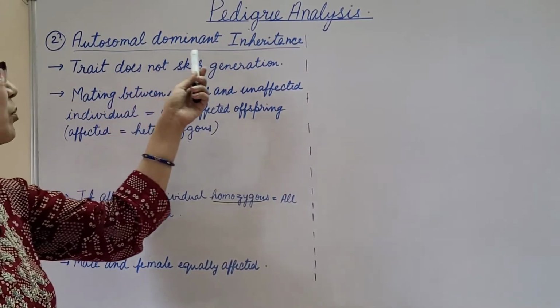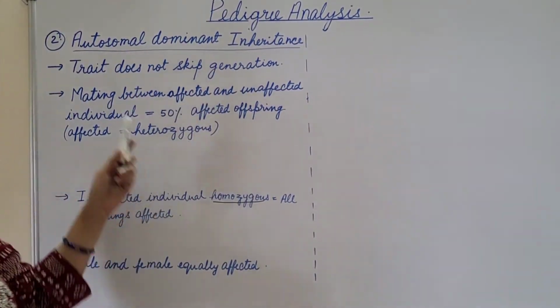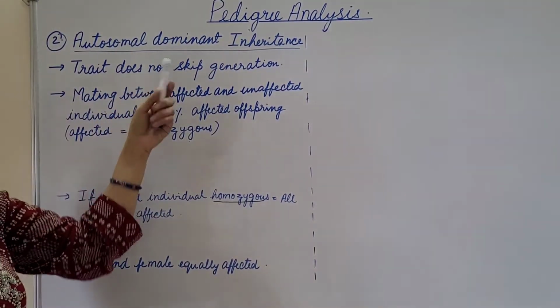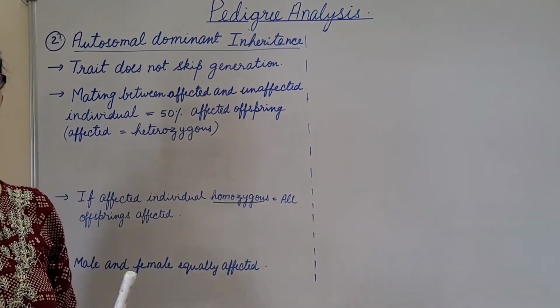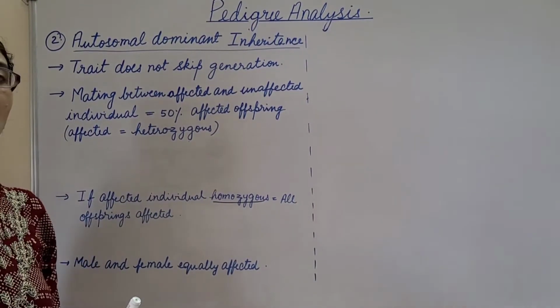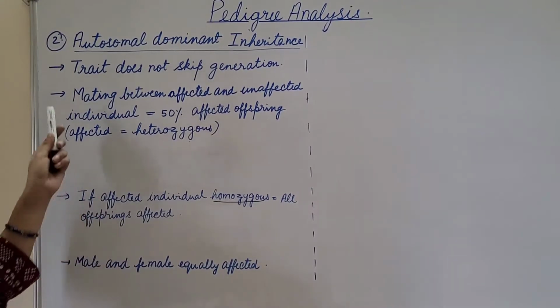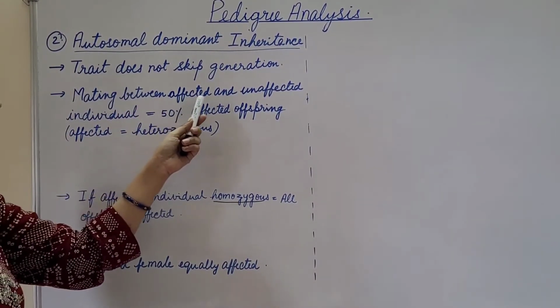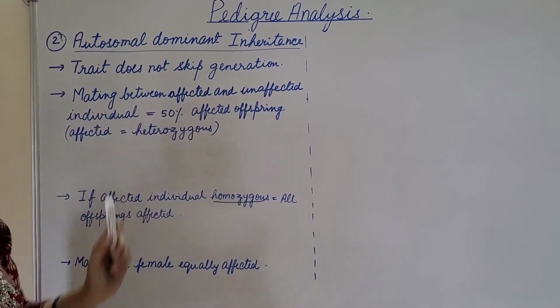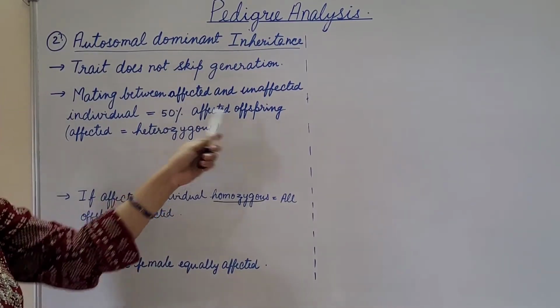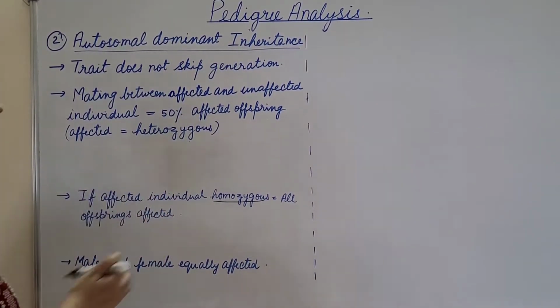Second is autosomal dominant inheritance. Here the trait does not skip generations, that means the trait or disease occurs in every generation. If there is mating between an affected individual and an unaffected individual, then 50% of offspring are affected.